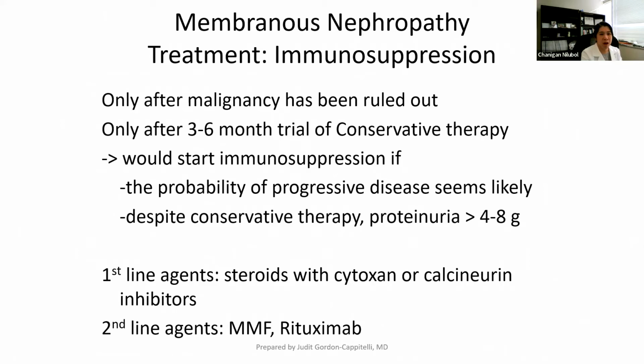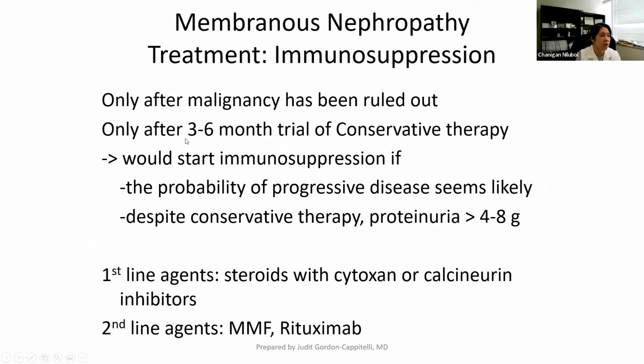You shouldn't have to look too much. You would see it from lung nodules or another type of malignant cancer that would have been detected by age-appropriate screening. In other words, we do not recommend putting everybody through a PET scan if they have membranous nephropathy to rule out malignancy.